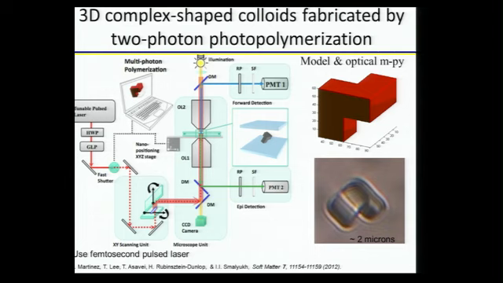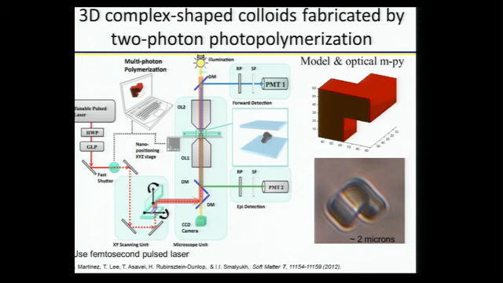The way this technique works is we use femtosecond laser light and multi-photon absorption processes in order to induce photopolymerization locally, right? We take a liquid crystal polymer that has a photoinitiator, essentially a dye that can absorb light by means of a two-photon absorption process.